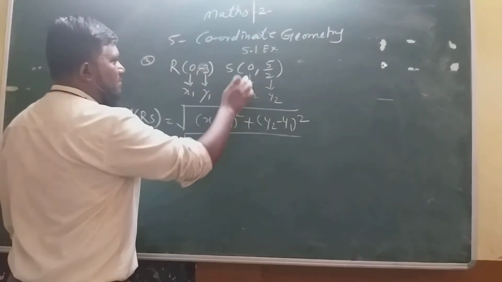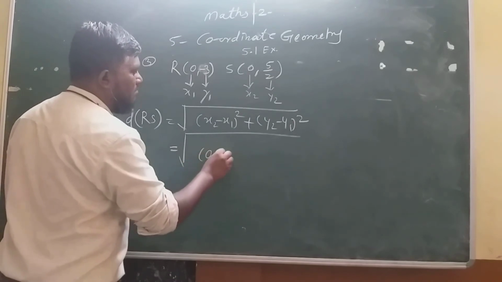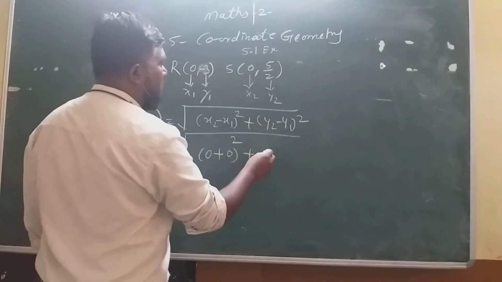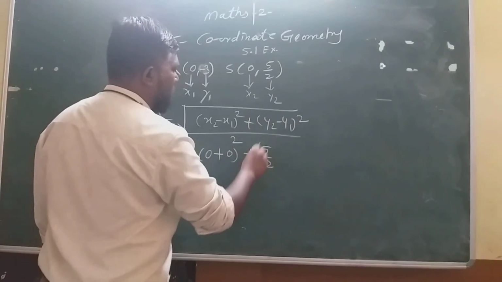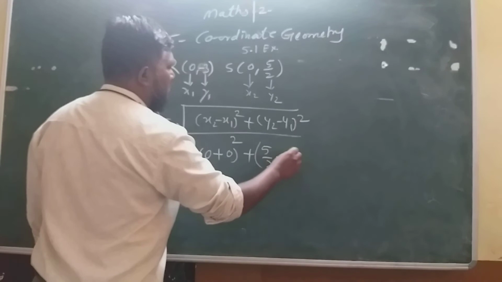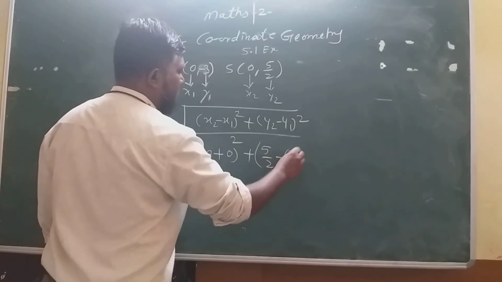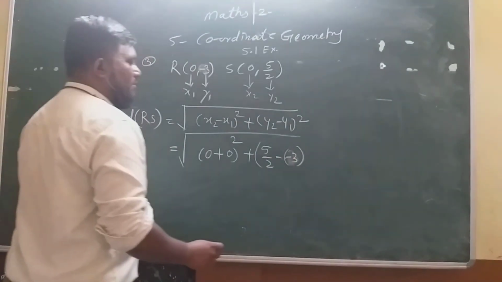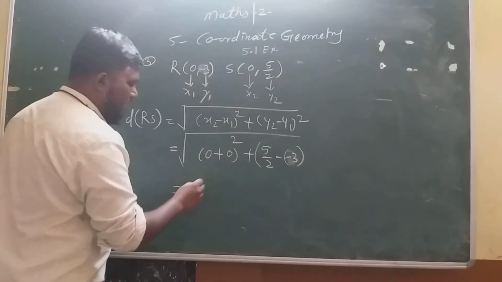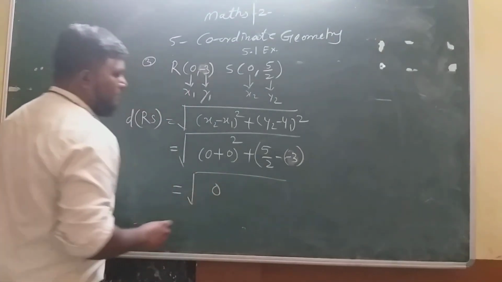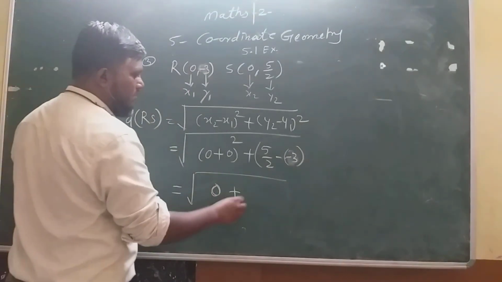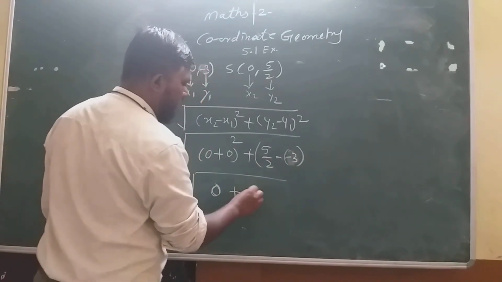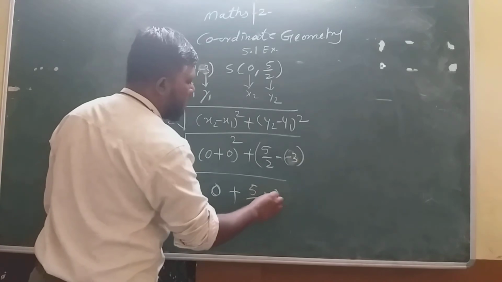Now, we have to see what is x2. x2 is 0 plus x1 is also 0 square, plus what is y2, 5 upon 2 minus minus 3. So two minus signs are there. It will become 0. 0 plus 0 is 0, plus this 2 will multiply with this 3. This minus minus becomes plus, 5 upon 2 plus 3.